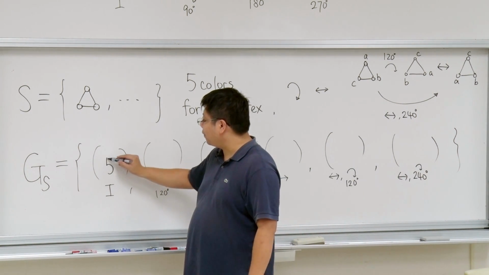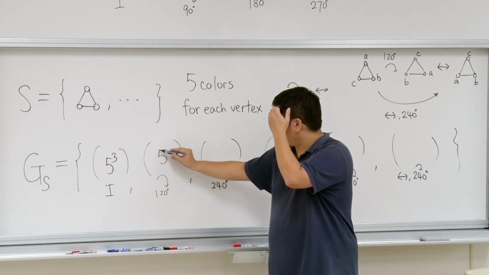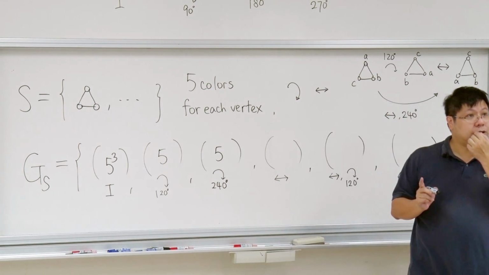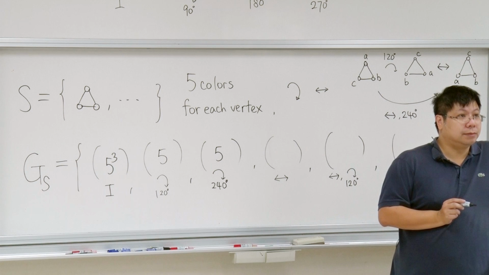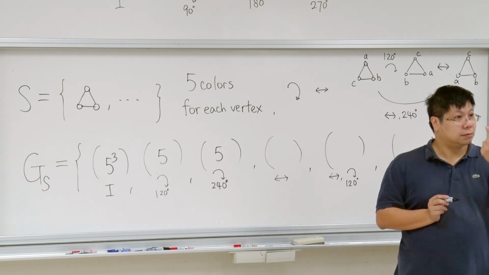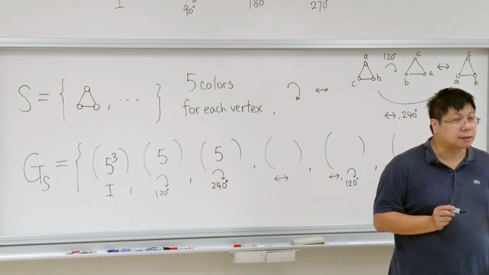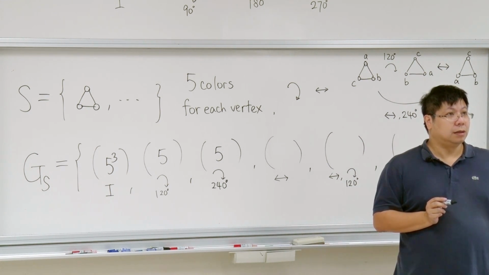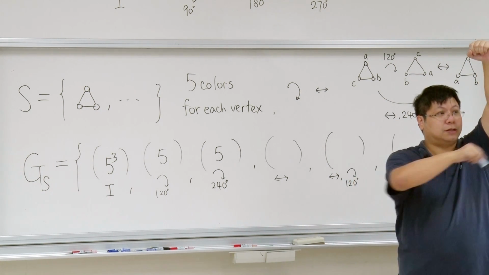So there are going to be 5 to the power 3 for the identity. This is the same as 5 here, the same as 5 here. How many cases are there such that you do the flipping and it remains the same? The top vertex, you can choose it freely. The bottom 2 vertices have to be the same color.